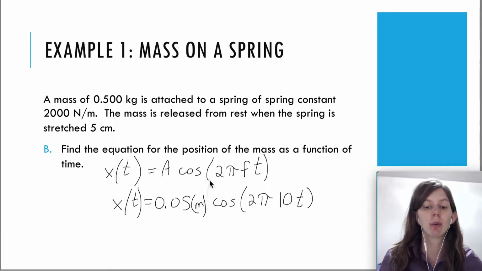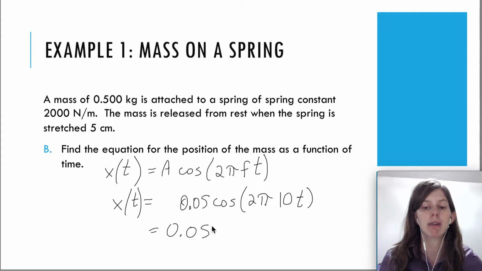And I usually don't bother putting the meters in here because I feel that putting the units in this equation just makes it look confusing, because maybe you'll think that m stands for mass. So let's just not put the unit in here and just write 0.05 cosine of 2 pi times 10 times t. So we can simplify that.